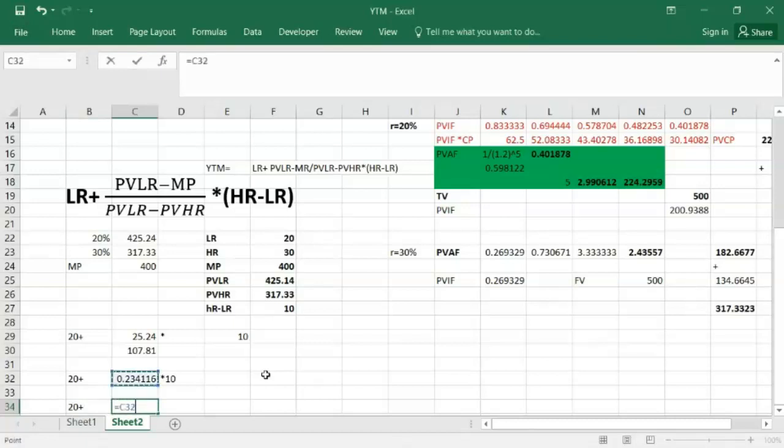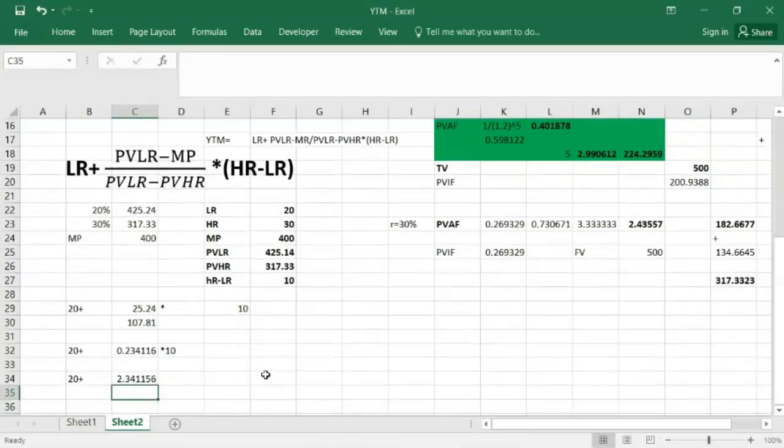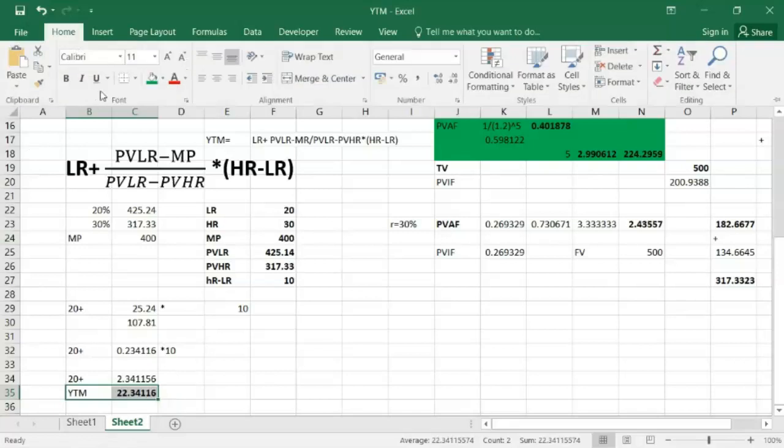This is being multiplied with 10, and these two values can be added together. It means 20 plus 2.34 gives 22.34, which is the yield to maturity for this given problem.